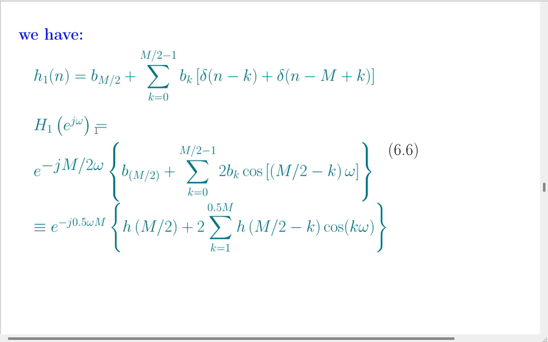So H1 of omega will be e to the power of minus j M over 2 times omega multiplied by b of M over 2 plus summation k from 0 up to M over 2 minus 1 of 2 times bk times cosine of (M over 2 minus k) multiplied by omega, which will lead to the third line without reading it out. Okay?